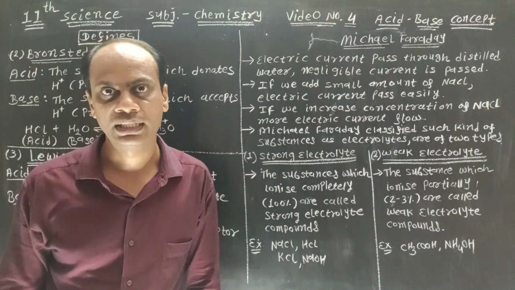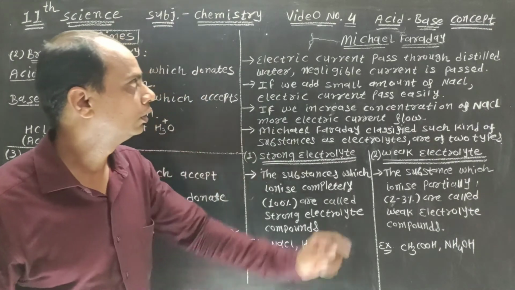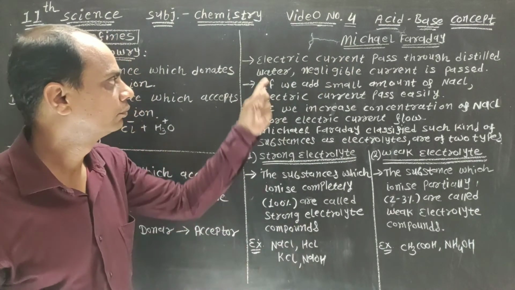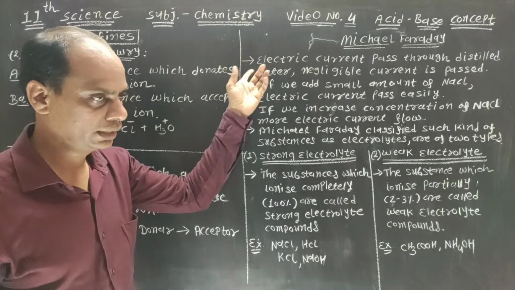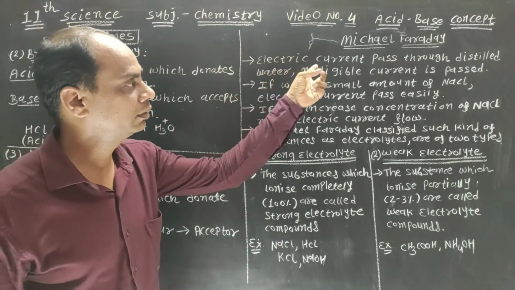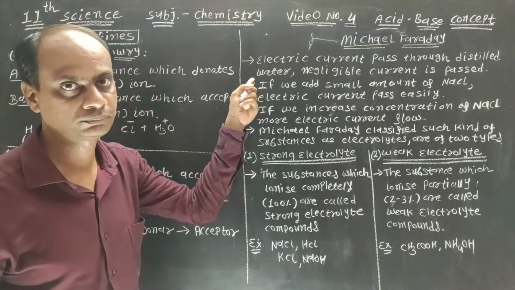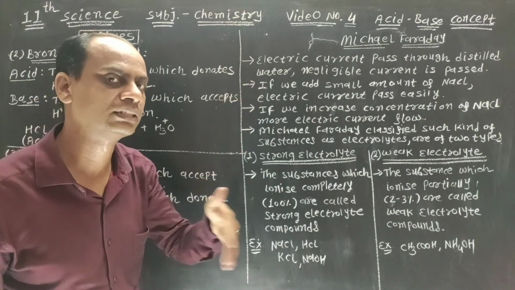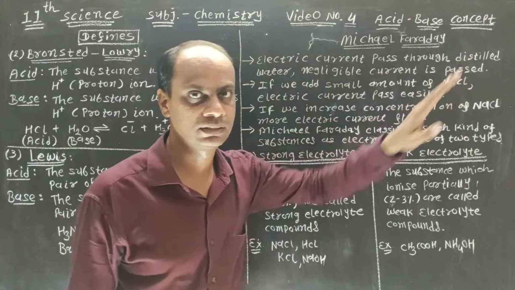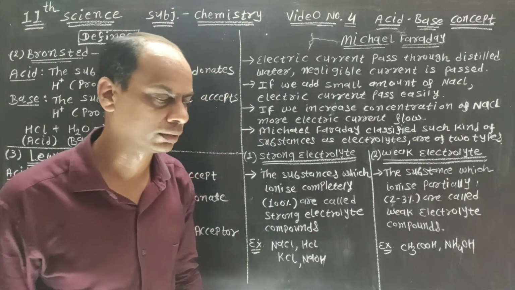Now after discussing the acid base concept, let us discuss a small point of Michael Faraday. According to Michael Faraday, we have already practically done it, where the electric current is passed through distilled water. When we pass the electric current through distilled water, negligible current passes, not like the regular or tap water.